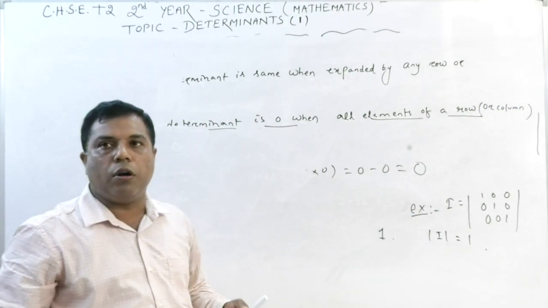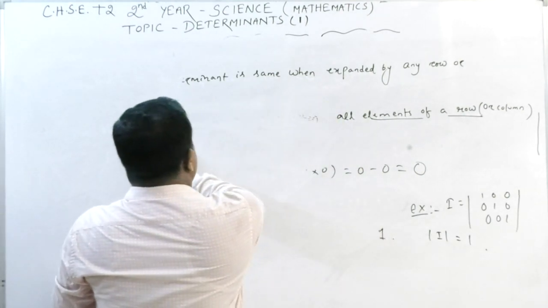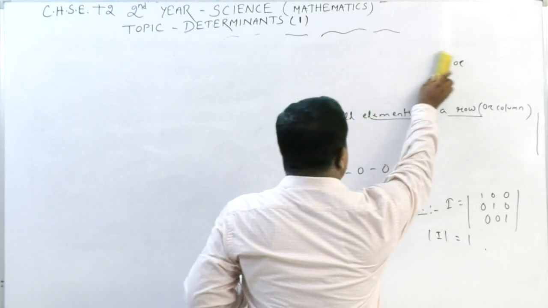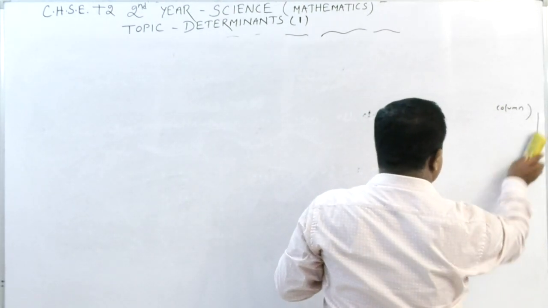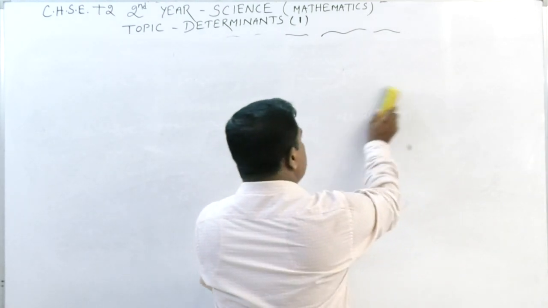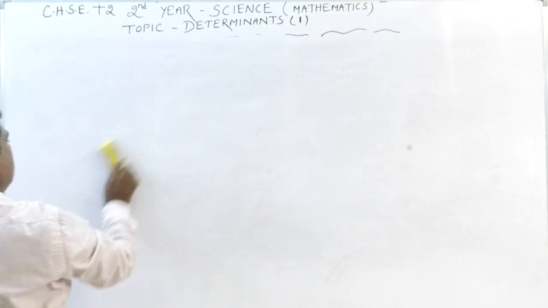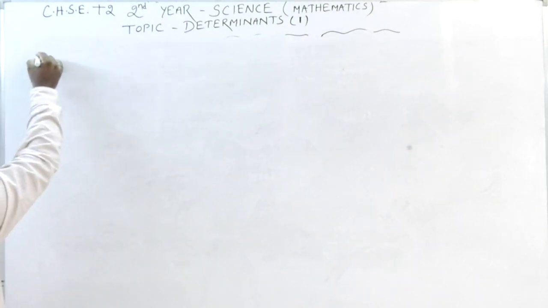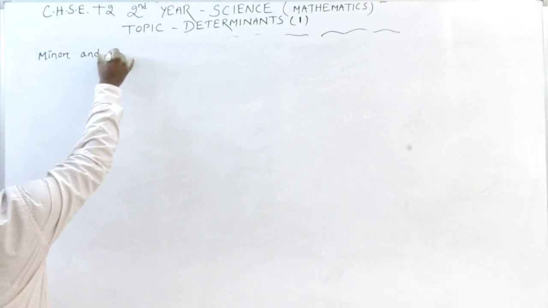Generally we are taking up to order 3 at our level. Now we will move to some other concepts of determinant, that is minor and cofactor.